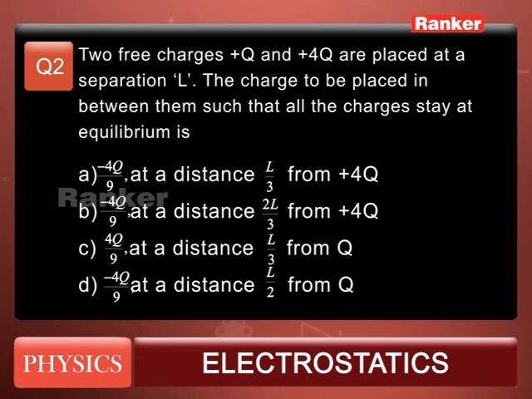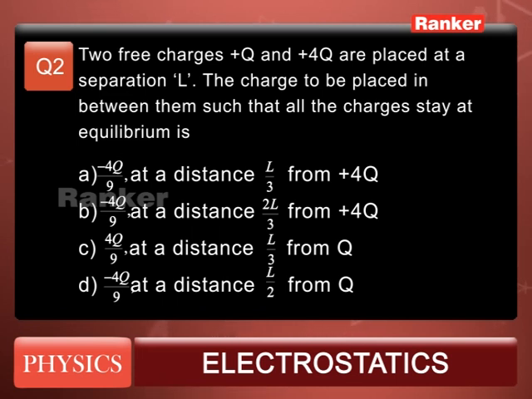That is the point. As usual, 4 options are mentioned here. Let me read out those options first. First option says minus 4q by 9 at a distance L by 3 from plus 4q charge. Second option says minus 4q by 9 at a distance 2L by 3 from the charge which is plus 4q.